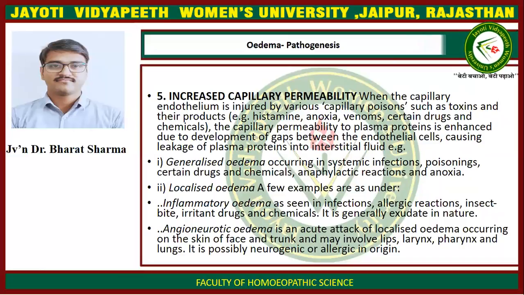Fifth is increased capillary permeability. When the capillary endothelium is injured by various capillary poisons such as toxins and their products, for example histamine, anoxia, venom, certain drugs and chemicals, the capillary permeability to plasma protein is enhanced due to development of gaps between the endothelial cells, causing leakage of plasma protein into interstitial fluid.